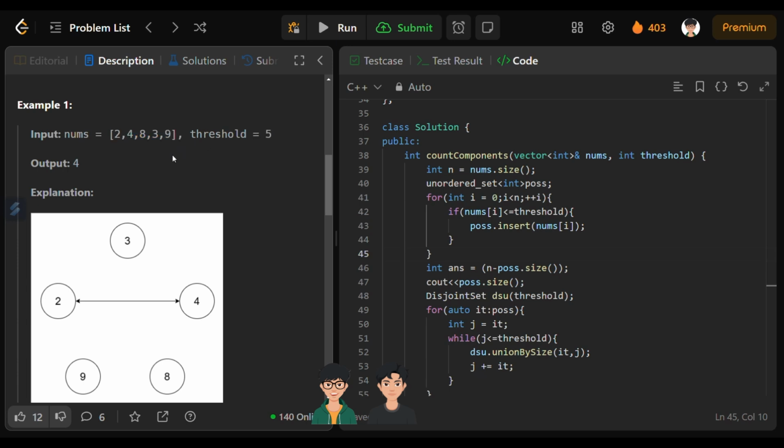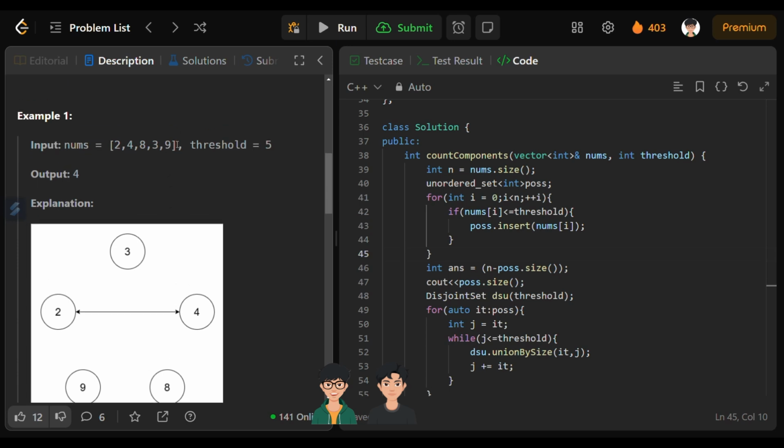Here comes the important thing: we first perform this crucial step of eliminating the numbers, but it still will be an n square approach only. So what we can do is, it's hard to explain, but you can imagine it. For example, if I take the number two, I will list all the multiples of two which are under the threshold.